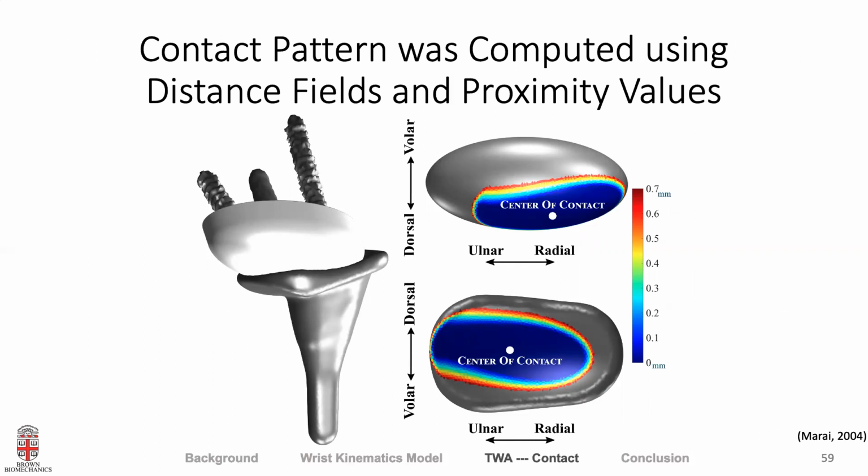Distance fields are calculated for each closed 3D surface as a volumetric array of signed distance values from the surface. And using these proximity values of the surface for the polyethylene cap and the radial component, we calculate the distance between the components. Basically, we use the kinematic data, we move the implant around and see what the proximity is between these two components.